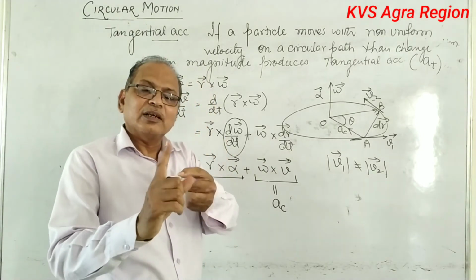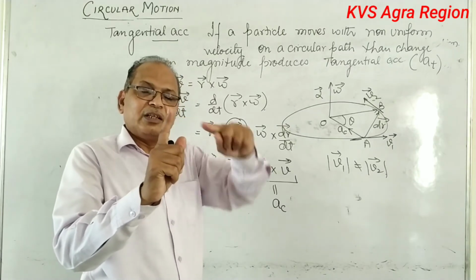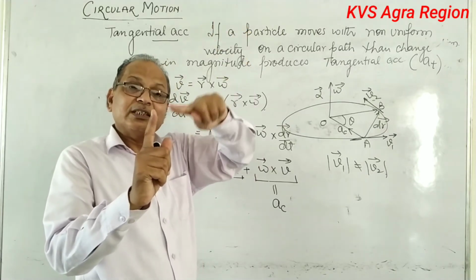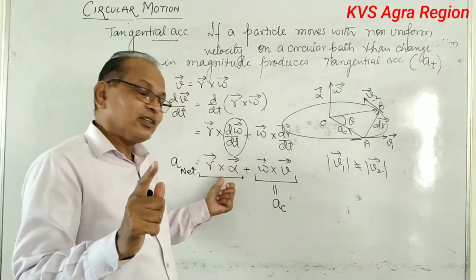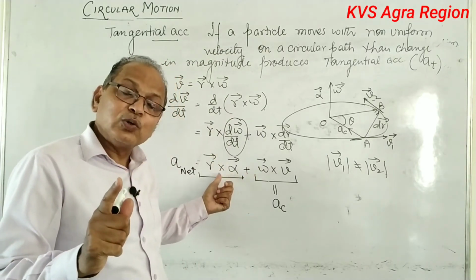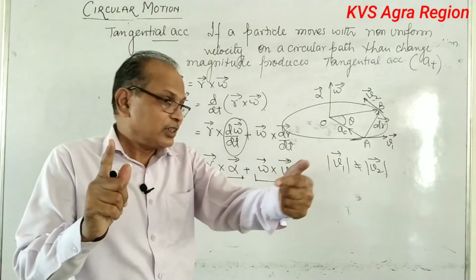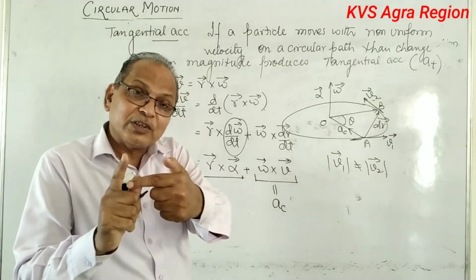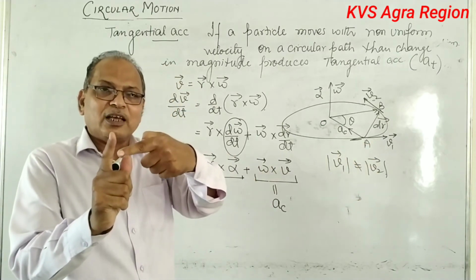R is in this direction. Alpha is like this. This is alpha, it is an angular vector. It is r, the radius. What is the net vector perpendicular to the r and the alpha? It is like this, which is along the direction of the tangent.